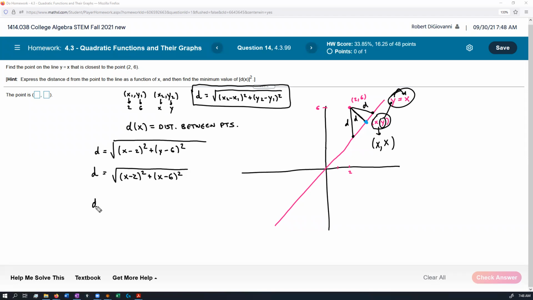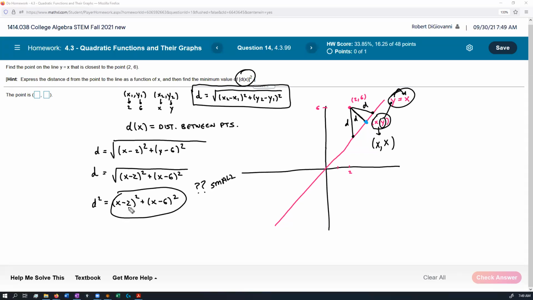So what we do is we square both sides, and that gets rid of the square root. And then we ask ourselves, when is this as small as it can be? That's why they say here, find the minimum of d of x squared. So let's figure out when that is as small as it can be.